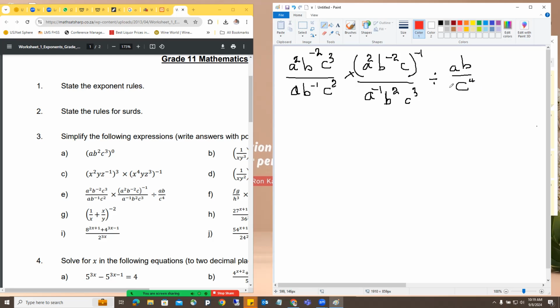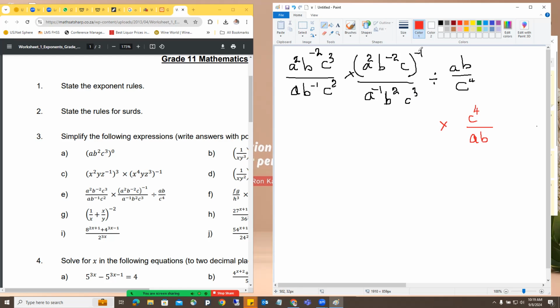First, we can convert this division into a multiplication. Then it will become a multiplication, and this entire thing we have to take the reciprocal of. That means c over 4 divided by ab. Is it clear?